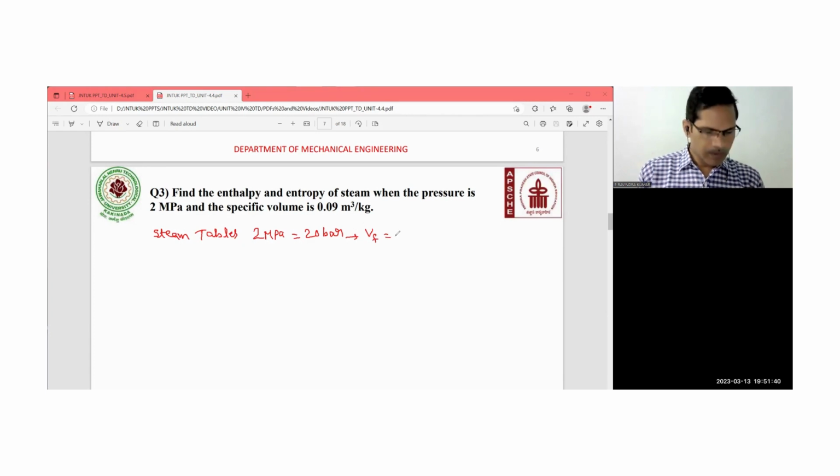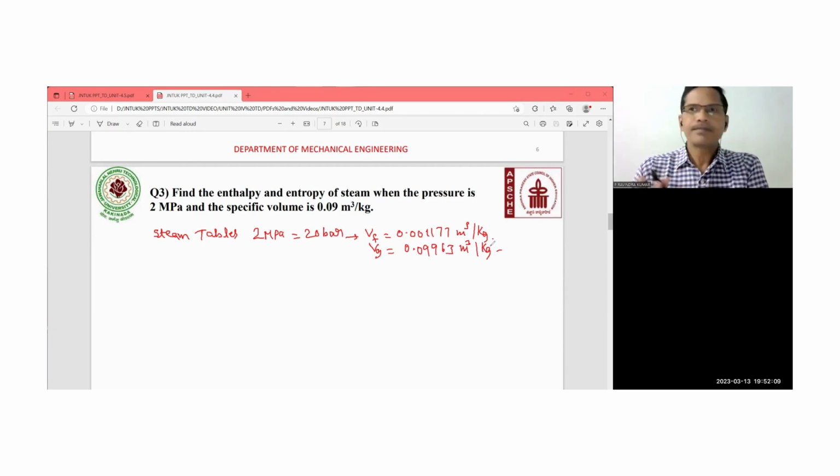So Vf from the steam tables is 0.001177 meter cubed per kg, and Vg value is 0.09963 meter cubed per kg.